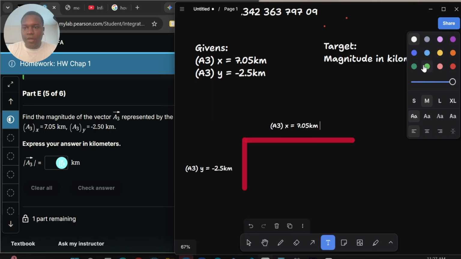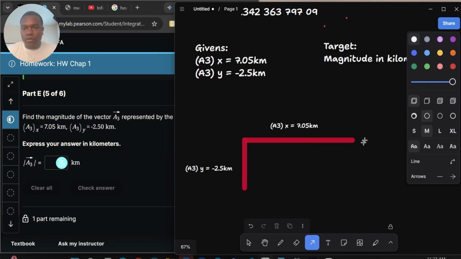This will be a vector that we're about to draw. You'd have it go from here to here. This is your vector A3.